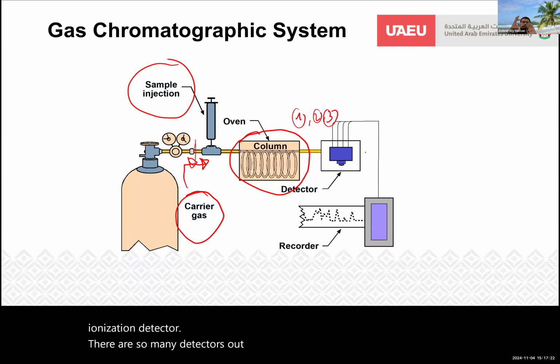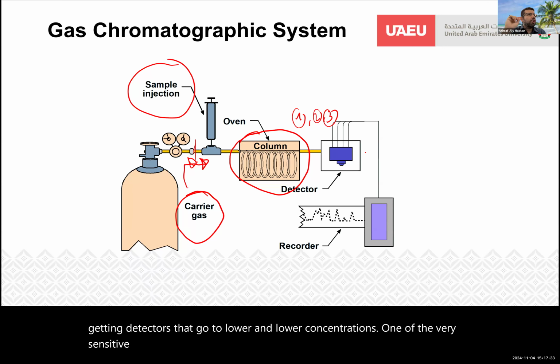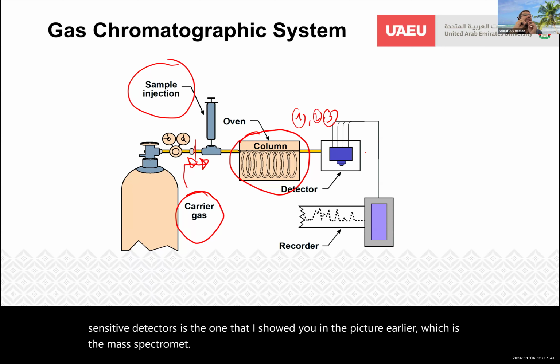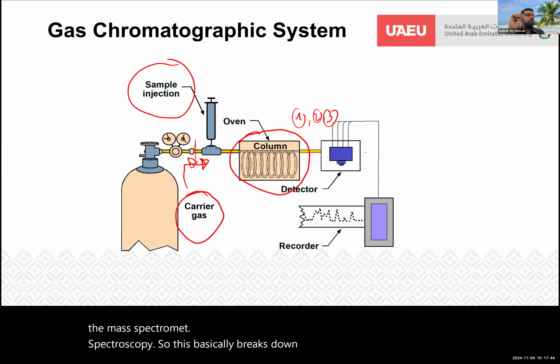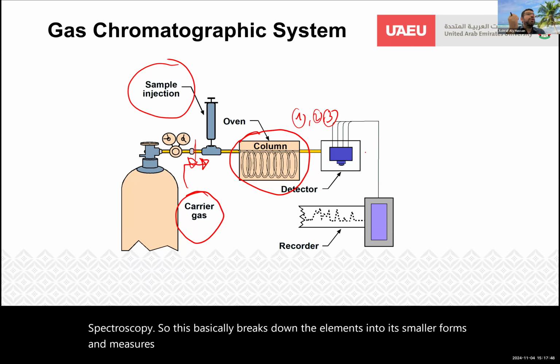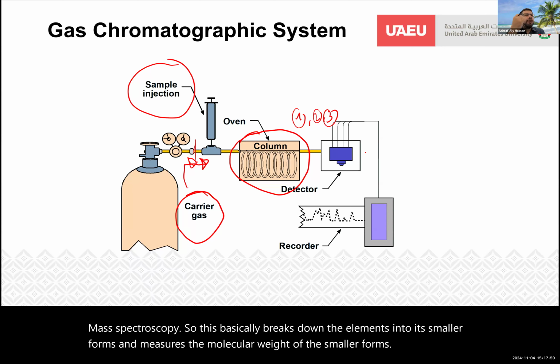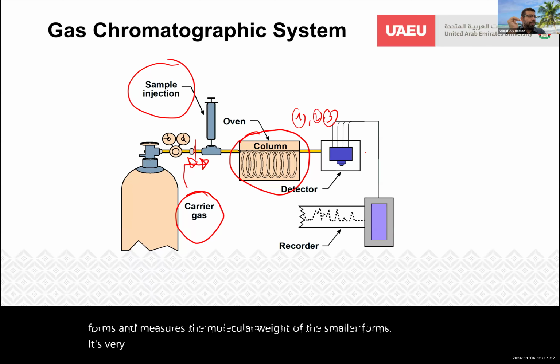Every company is doing innovations in getting detectors that go to lower and lower concentrations. One of the very sensitive detectors is the one that I showed you in the picture earlier, which is the mass spectroscopy. So this basically breaks down the elements into their smaller forms and measures the molecular weight of the smaller forms. It's very, very sophisticated equipment.